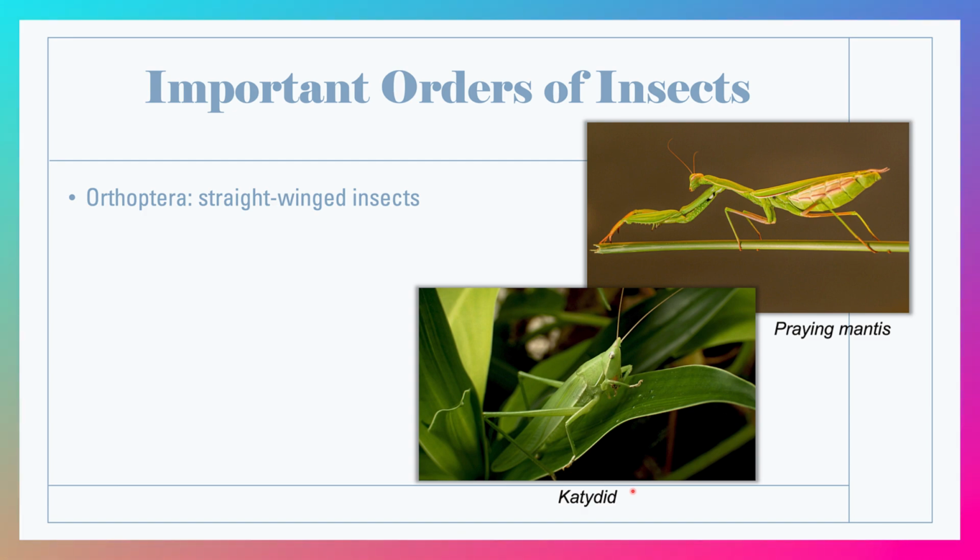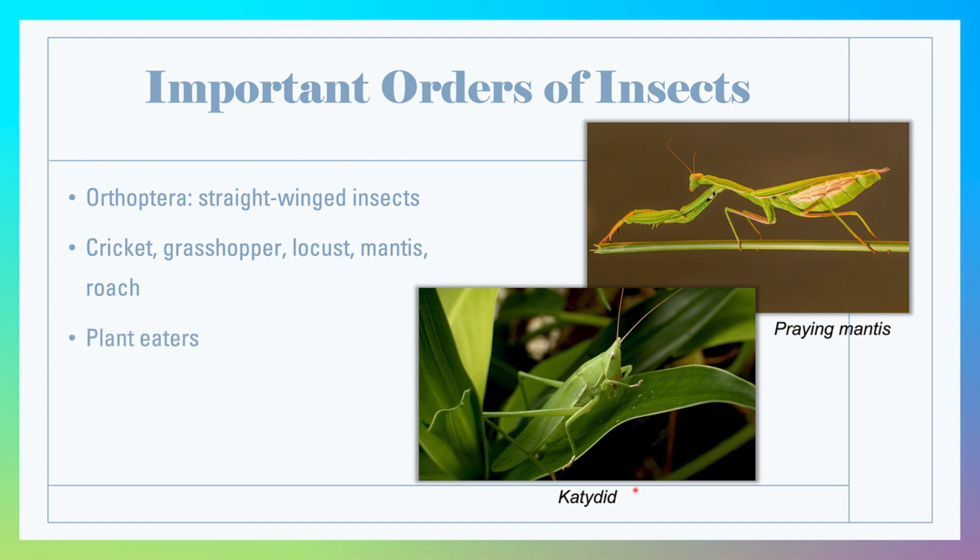The group called Orthoptera, or straight-winged insects, is characterized by the praying mantis and the katydid. It also includes crickets and grasshoppers as well as the locusts.